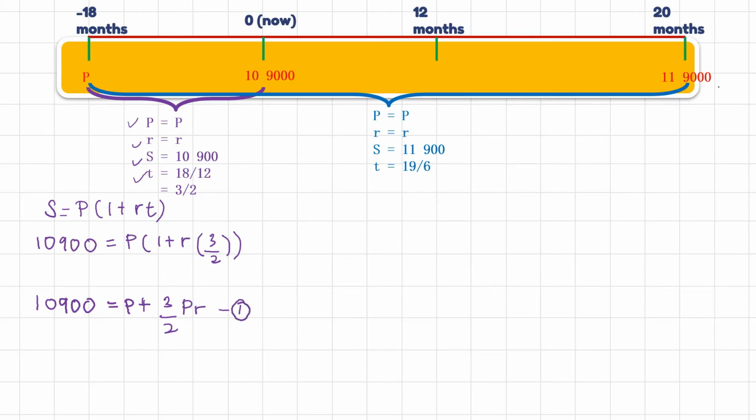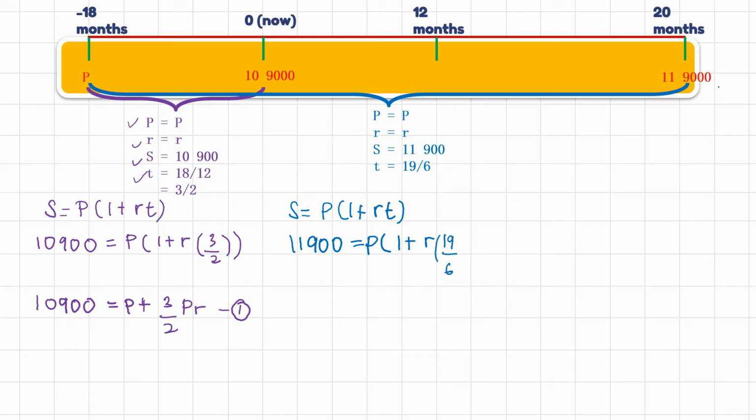Okay, next let's continue with the blue color timeline. From the blue color timeline, we are going to use the same formula, S equals P(1 plus RT). For blue color, our S is 11,900, equals P, which is the one that we need to find, times (1 plus R), same thing as R, and T is 19 over 6.